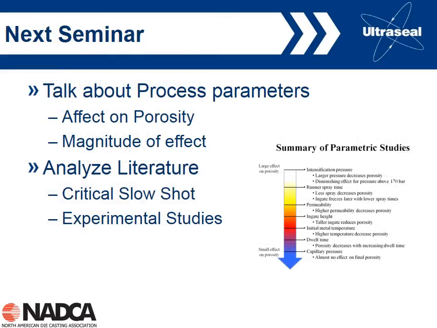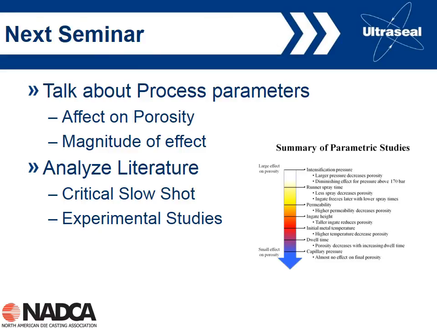In the next seminar, we're going to be talking about the process parameters and the effect on porosity and the magnitude of the effect. Shown here is a summary of the parametric studies looking at the effect on porosity. The ones at the top have a large effect on porosity. The ones on the bottom have a small effect.